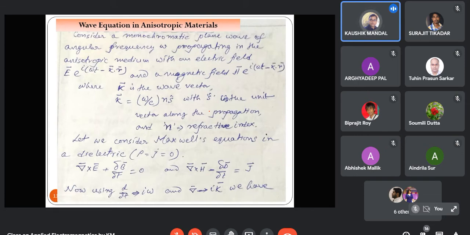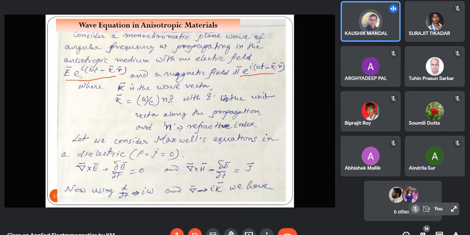Now we have to derive the wave equation for the propagation of electromagnetic waves in anisotropic materials. So you see that we have started with two fields, one is the electric field, another is the magnetic field.